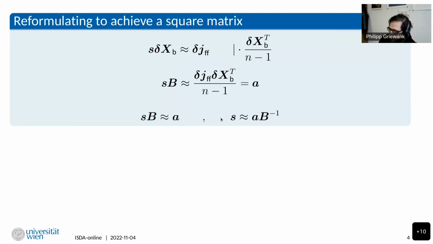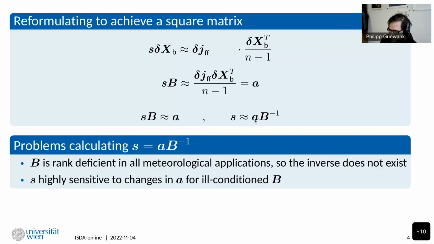So in theory, if we wanted to calculate S, all we need to do is invert B and multiply it with A. So why is this not so easy? The problem is that in any meteorological application, B is always going to be rank deficient. So you would need to have more independent ensemble members than your state size to even hope to get your matrix invertible.